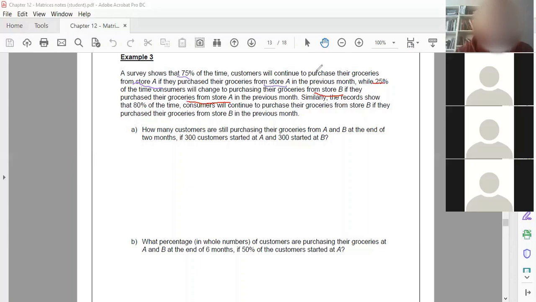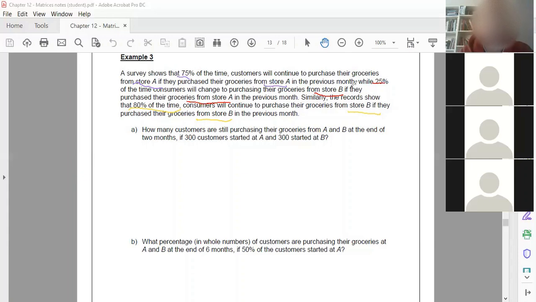Similarly, the records show that 80% of the time consumers will continue to purchase their groceries from store B if they purchased them from store B in the previous month. How many customers are still purchasing their groceries from A and B at the end of 2 months?